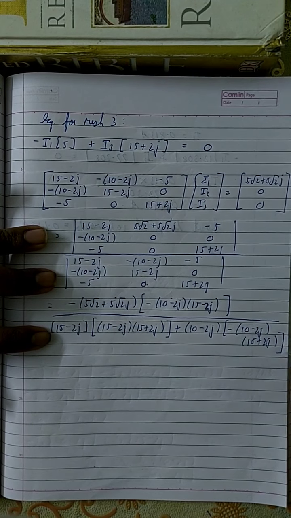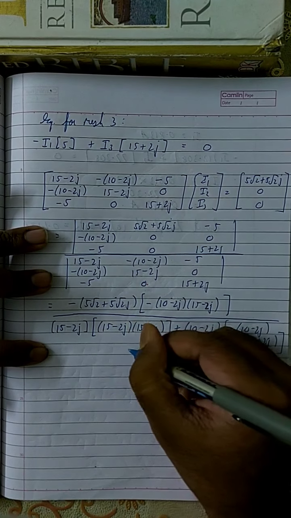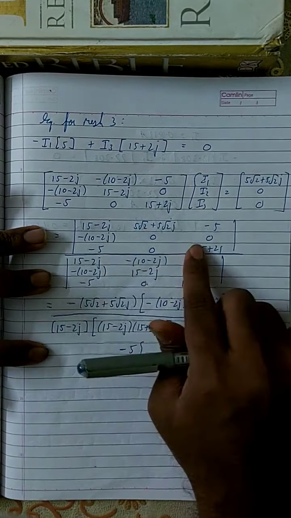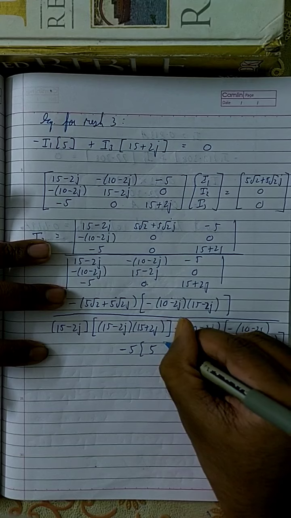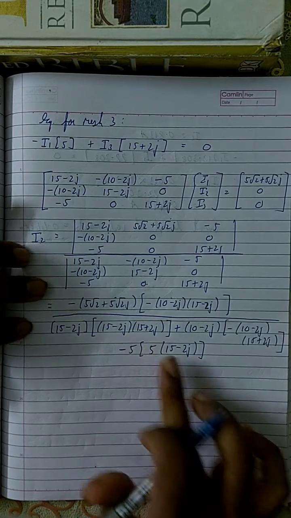This is the second term. The third term is minus 5 into 0, and minus of minus is plus, so you have 5 into 15 minus 2j. This is the denominator.